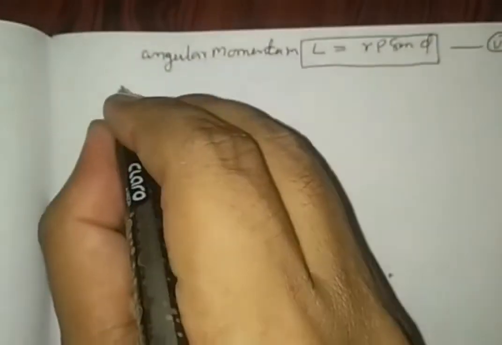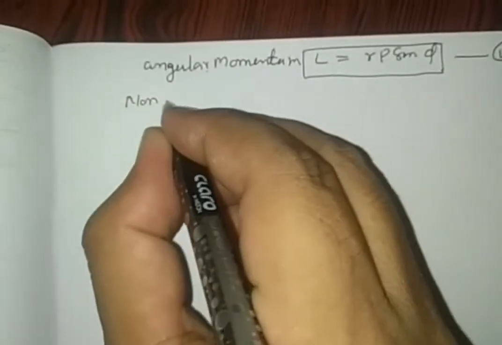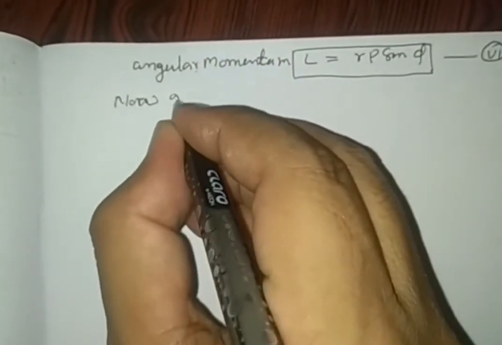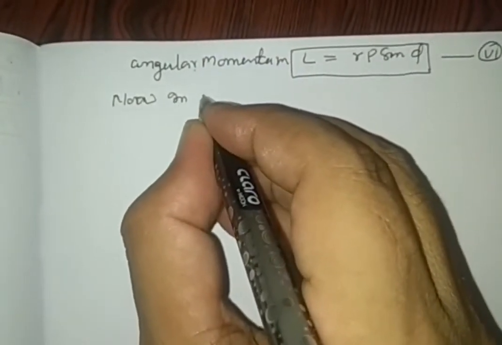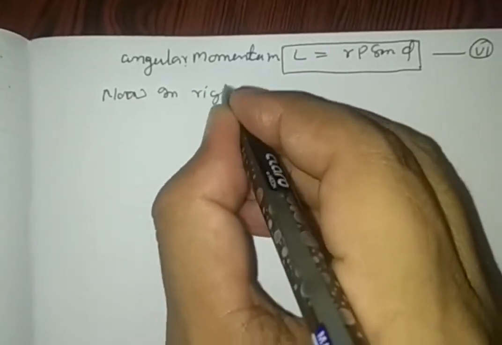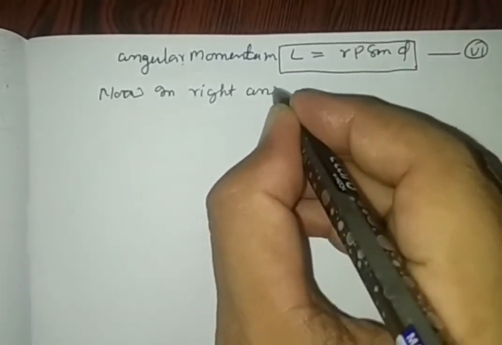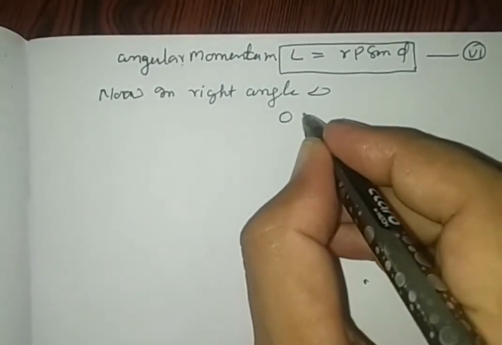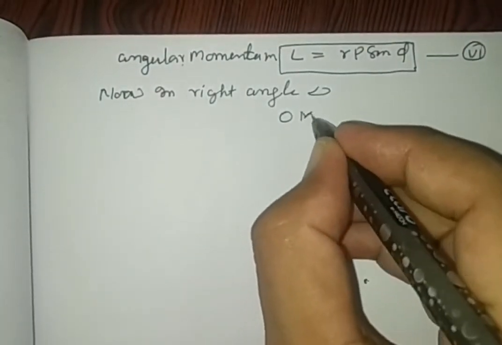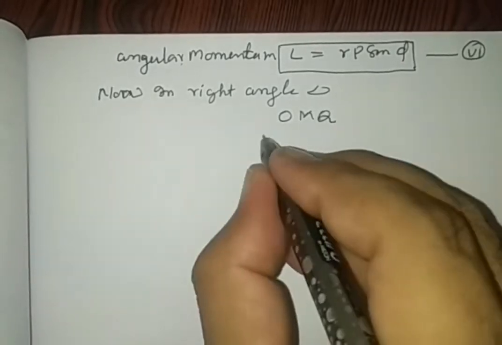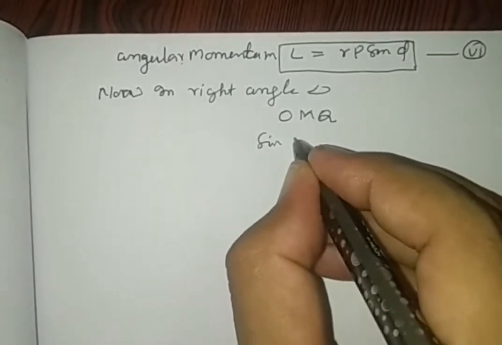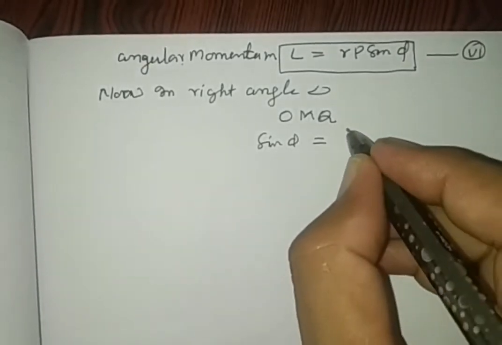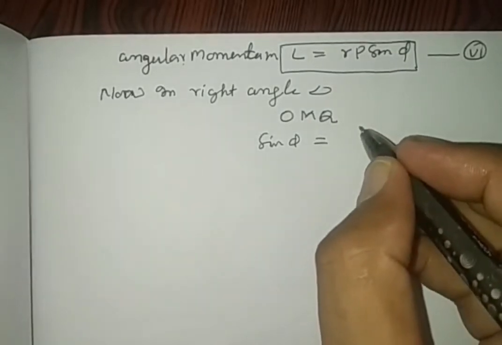In right angle triangle OMQ, sin phi is equal to perpendicular by hypotenuse.